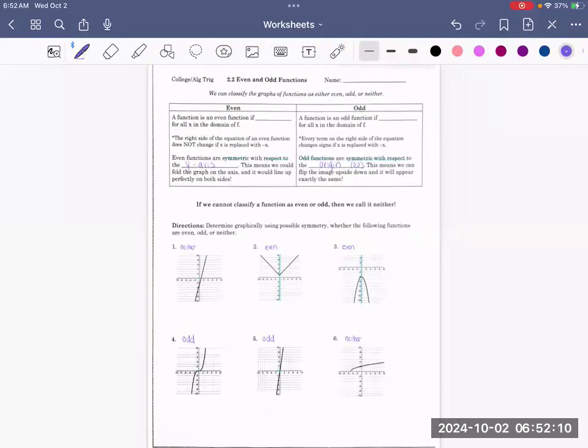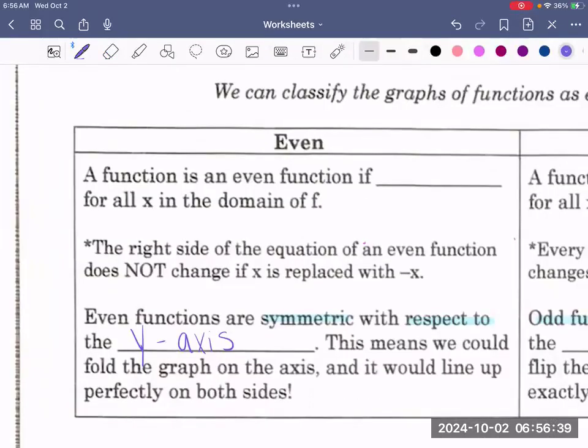Now, when it comes to your equations, we can also determine if they are odd or even. So to evaluate whether or not your function is even, given an equation, when we plug in a negative x into your equation, if the negative does not pop out, then we are an even function.